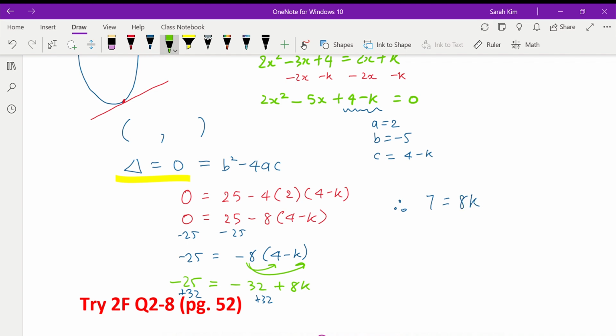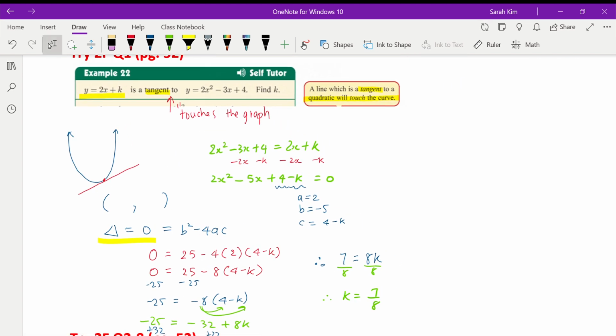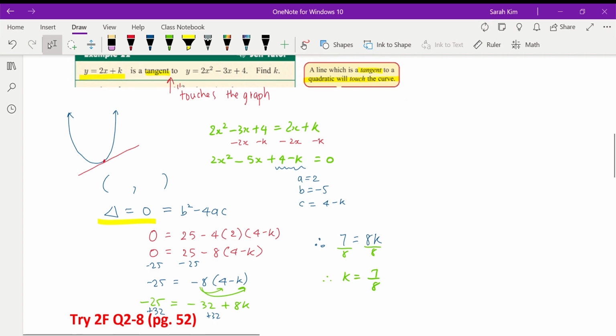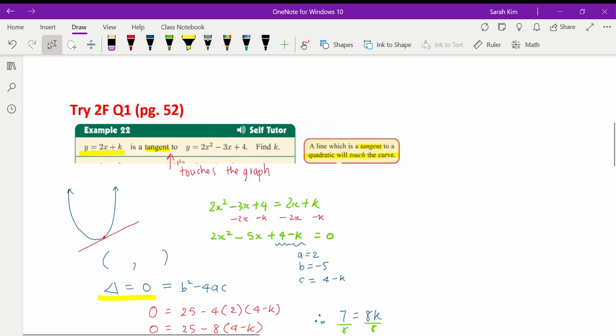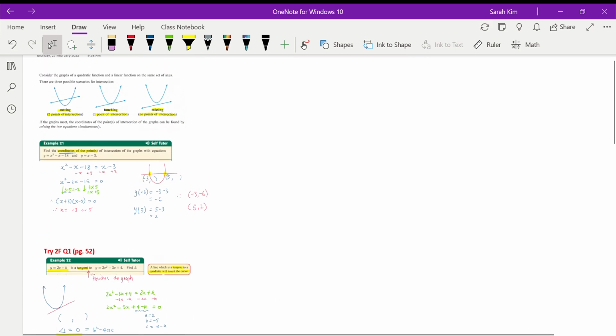Now I've got a fraction answer by dividing by 8. So therefore, I have found my k. Let me just double check that answer quickly. Yep, 7 over 8. Lovely. That's how you do it. You should be able to do some questions. There are some videos there. Let me know if there are any hard questions you're stuck on. I can always do videos on them.